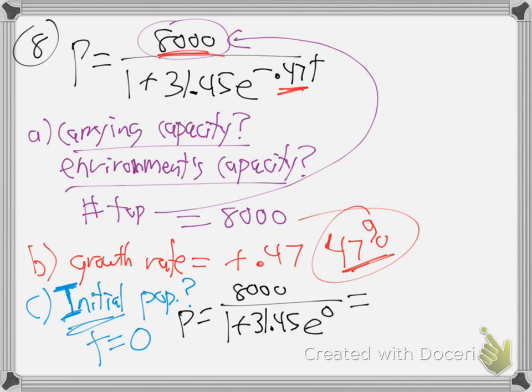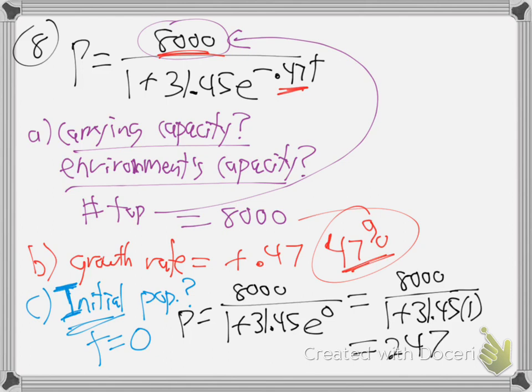So this will be 8,000 over 1 plus 31.45 times 1, so 32.45 on the bottom. 8,000 divided by 32.45 is 246.5, and rounding to the nearest whole number gives 247. So 247 bacteria started in the dish initially at time 0.